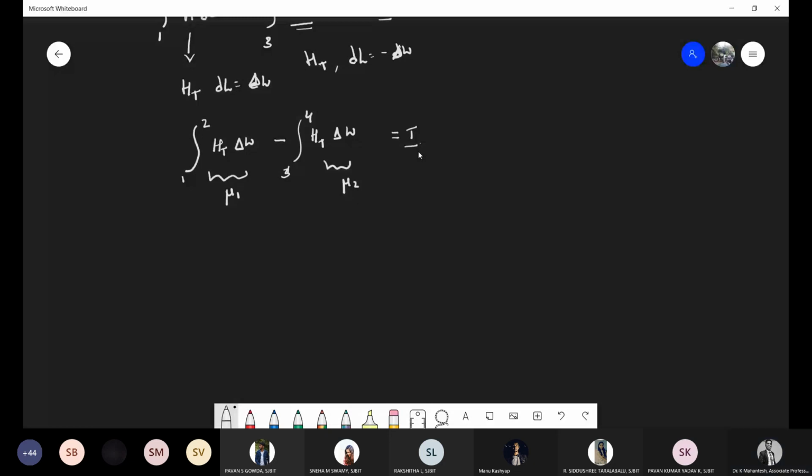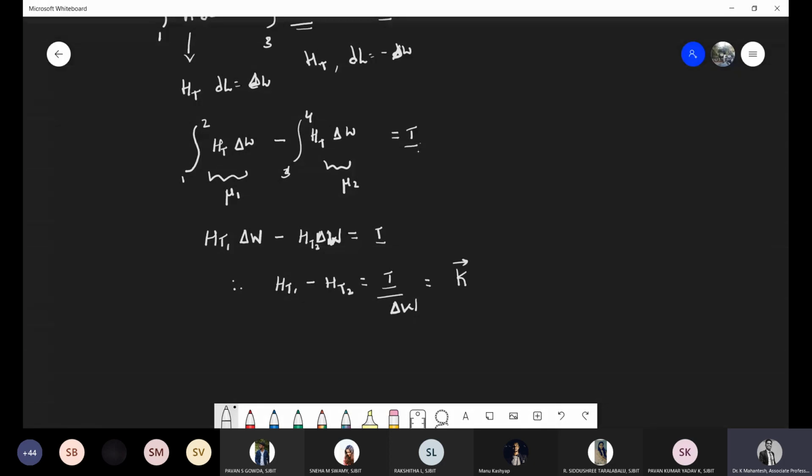Because it represents the tangential component of magnetic field of medium 1, delta w, minus ht2 delta w, which is equal to I. Therefore I can write it as ht1 minus ht2 is equal to I by delta w, which is equal to k.